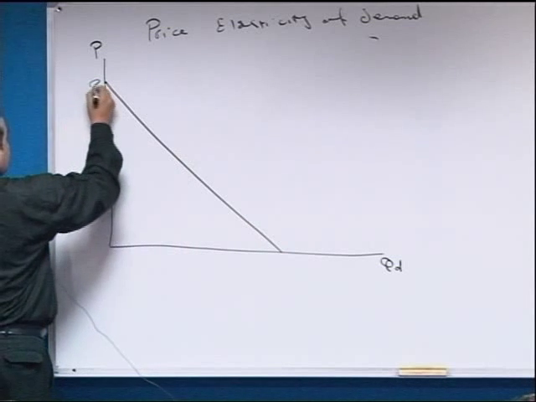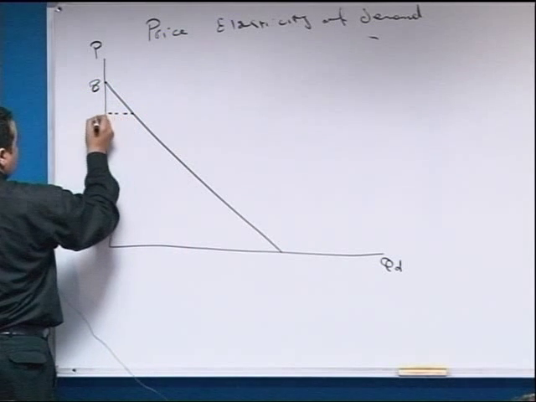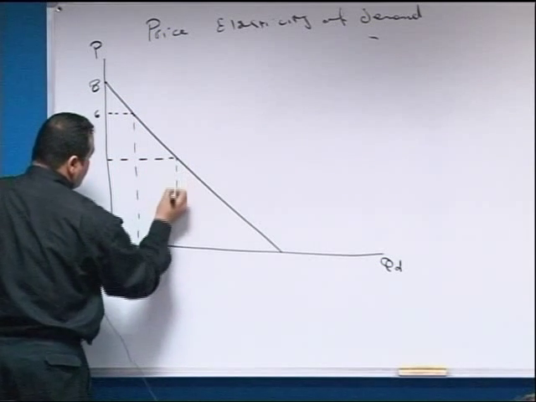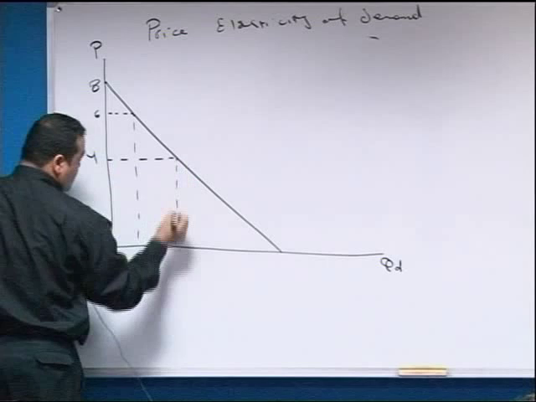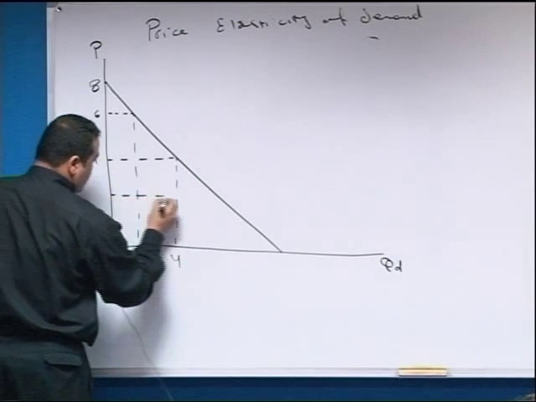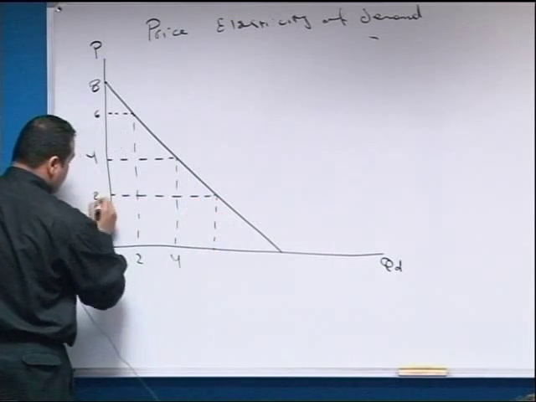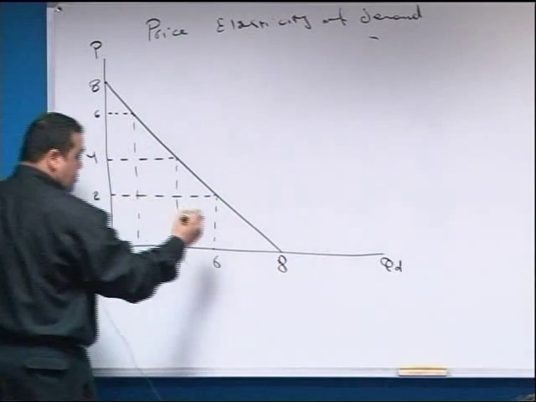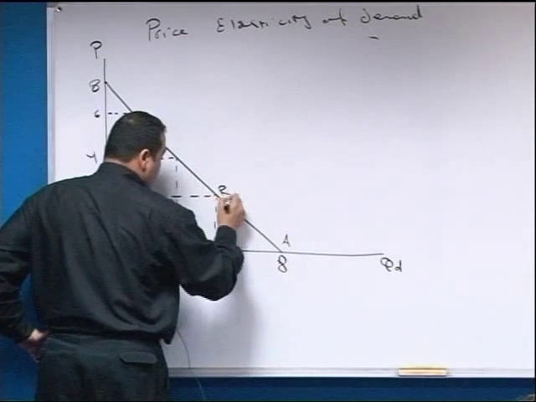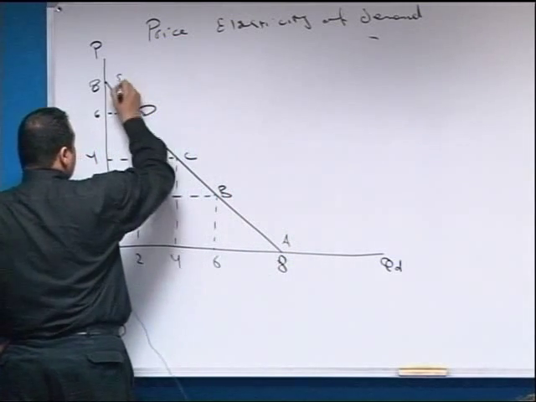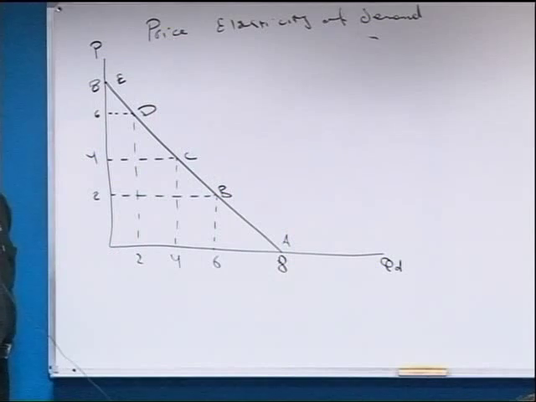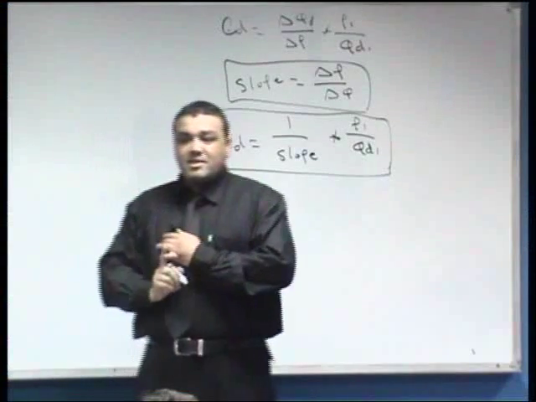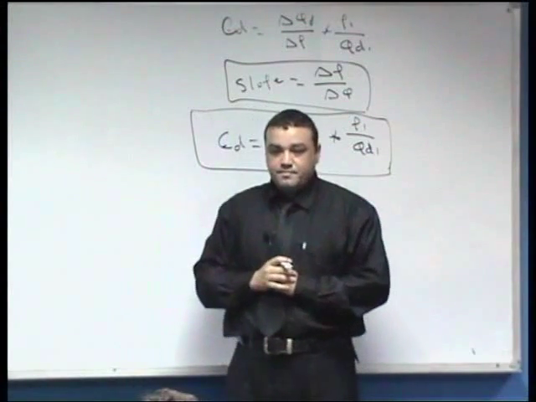This is 8, 6, 4, 2 on the price axis, and 2, 4, 6, 8 on the quantity axis. These are points A, B, C, D, E. Calculate the slope of the demand curve.